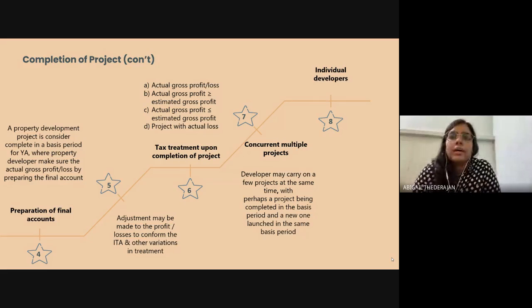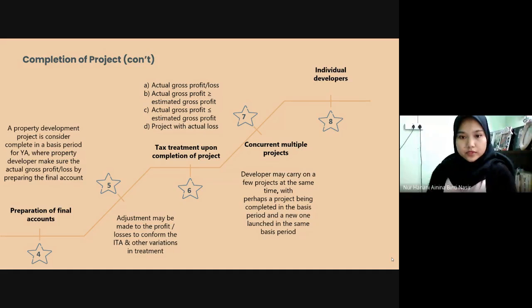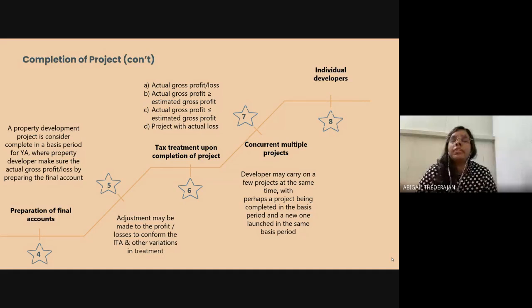Next, the tax treatment upon completion of the project. First, the property developers need to have the actual gross profit or loss stated. Second, they have to make sure whether the actual gross profit is more than the estimated gross profit.